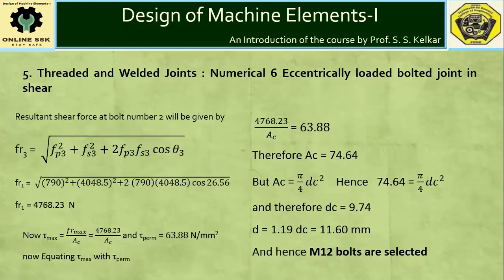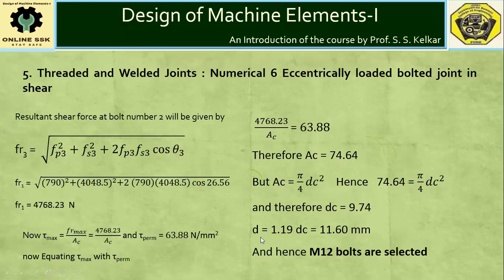So when we equate tau max with tau permissible, tau max will be 4768.23 divided by AC, and tau permissible is 63.88. While equating, AC is the unknown and the value of AC will be calculated as 74.64 millimeter square. But AC is equal to pi by 4 DC square. Therefore, equating AC with pi by 4 DC square, you can calculate DC. DC's value will be 9.74 millimeters.